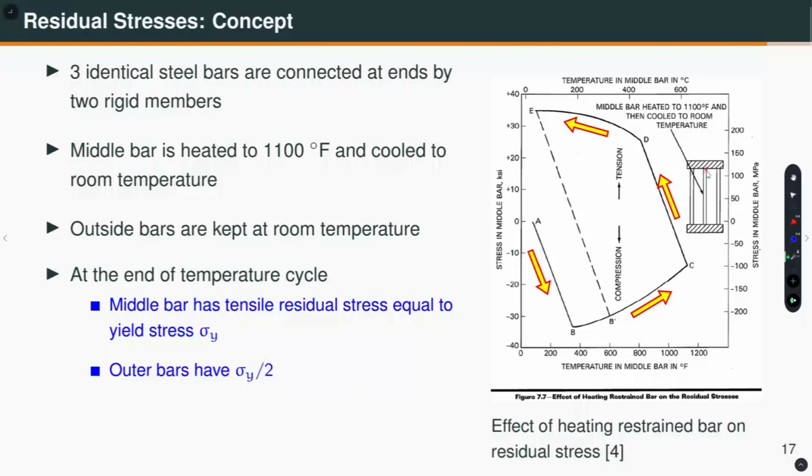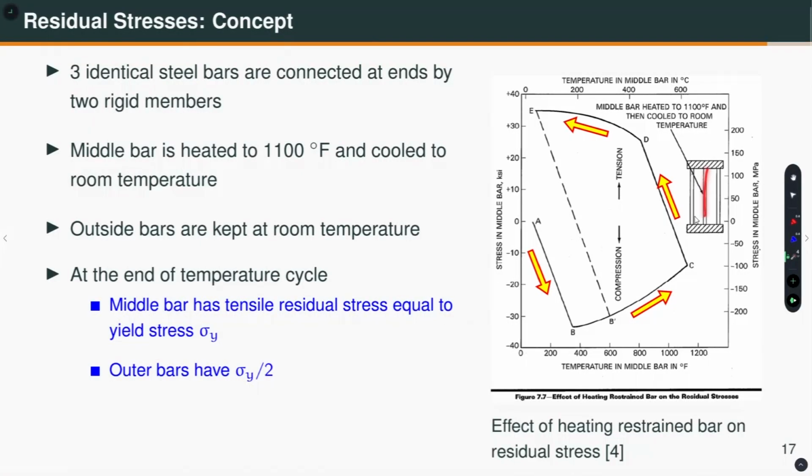So, the middle bar will try to extend due to temperature, but it will compress a little bit, and the outer two bars will elongate a little bit. Okay? So, that is the compatibility, or you can say it is a compromise. So, what will happen? The middle bar will be subjected to compressive stress, okay, because it is trying to expand, but the outer bars are not allowing it. So, the middle bar will have a compressive stress.